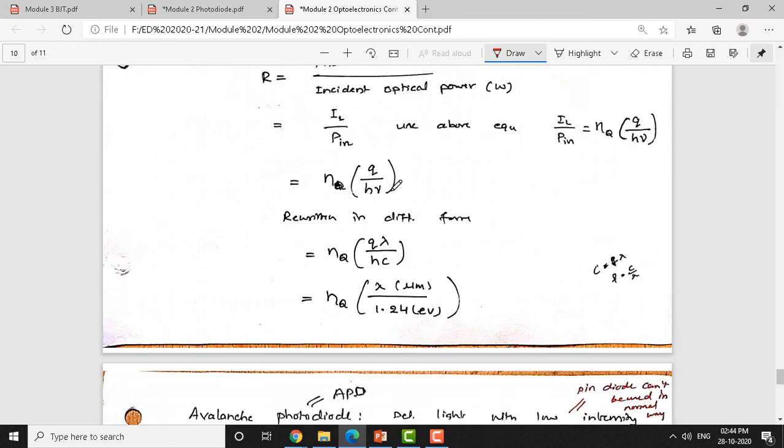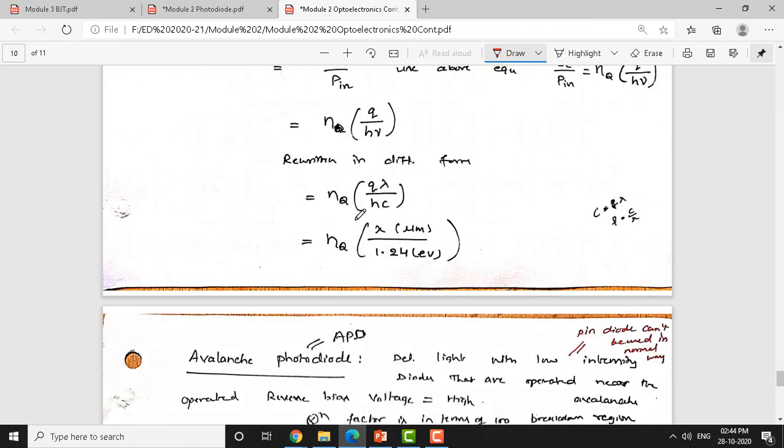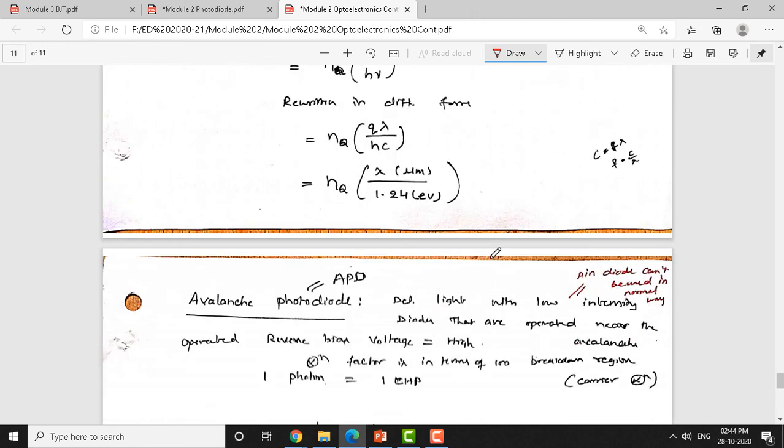We can rewrite this as eta Q into Q into lambda by h into c, where c can be substituted as f into lambda, and substituting these values gives 1.24. So R equals eta Q into lambda by 1.24. This is the simplified formula for responsivity.